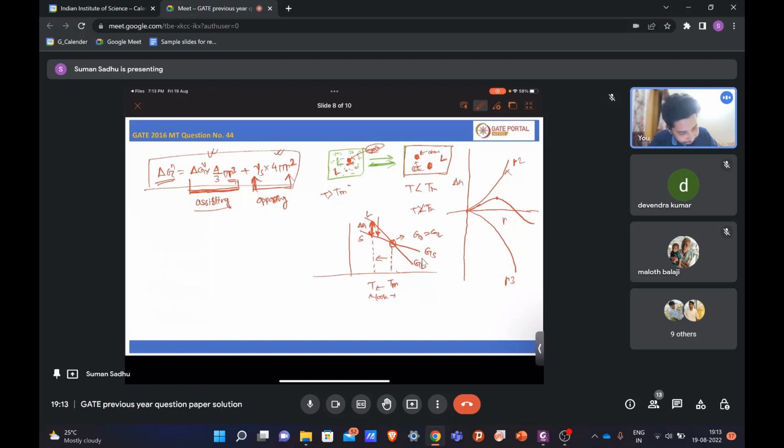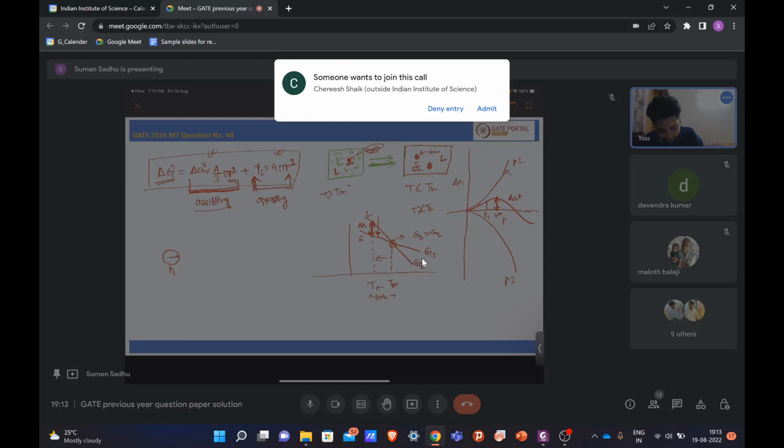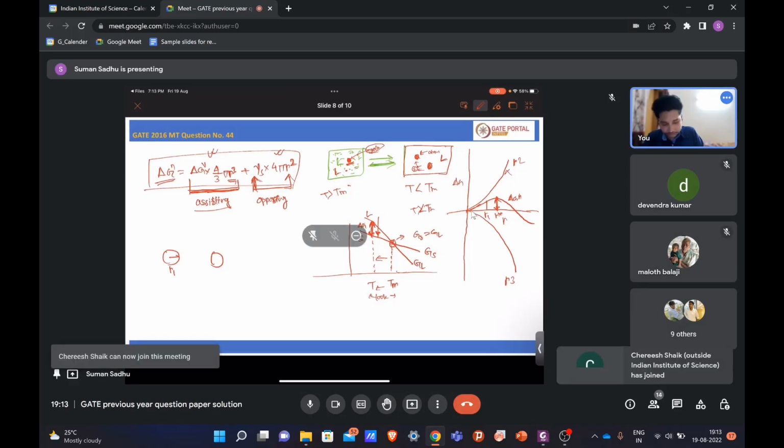So this is a critical point or highest point, you can say, of this delta Gn, that is the free energy for nucleation. So now let's say here, this is r1, this is r star, right? So now let's say this is a small cluster of radius r1, and this is one cluster that is formed of radius r star.